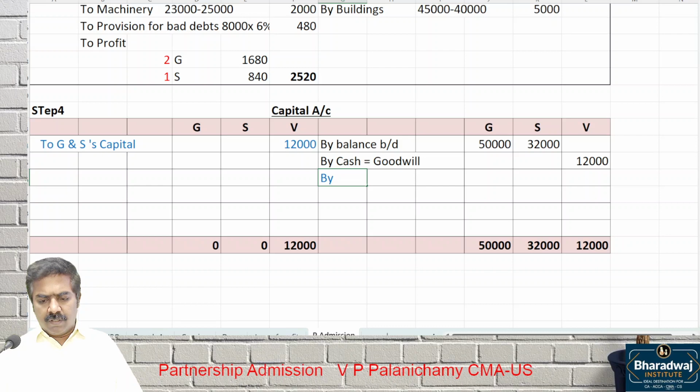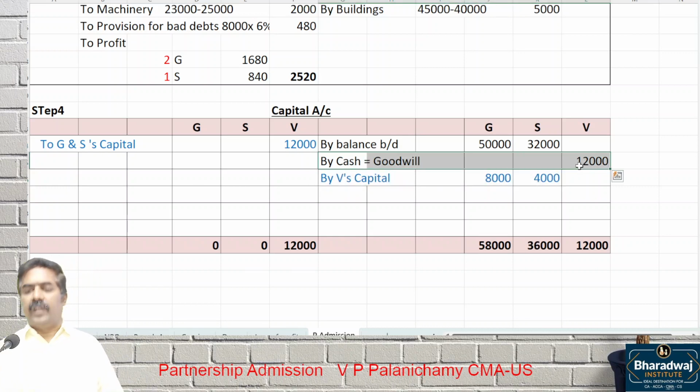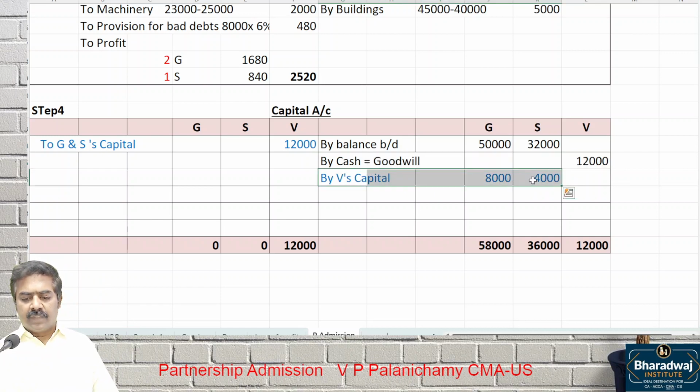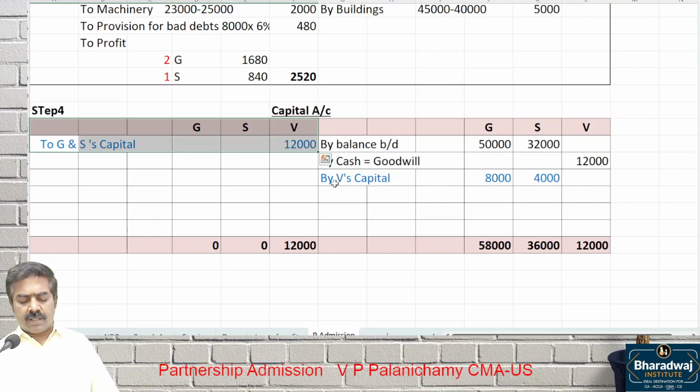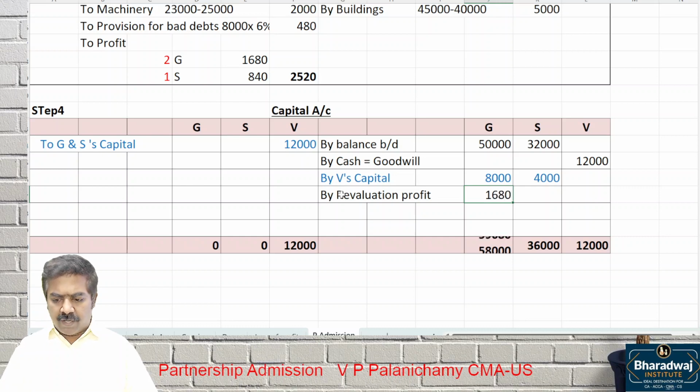By B's capital account, G's column 8,000, S's column 4,000. Then by revaluation profit, what is the revaluation profit? 1,680 and 840.